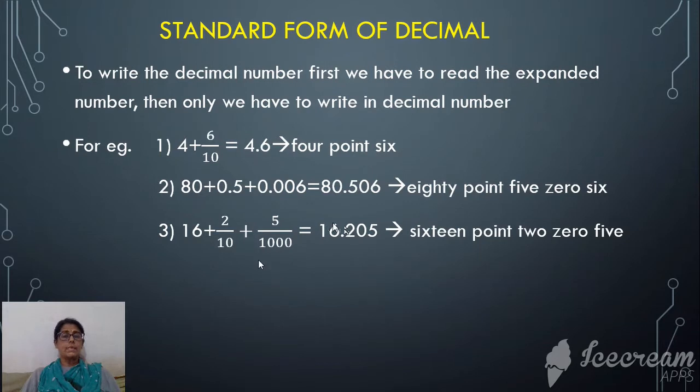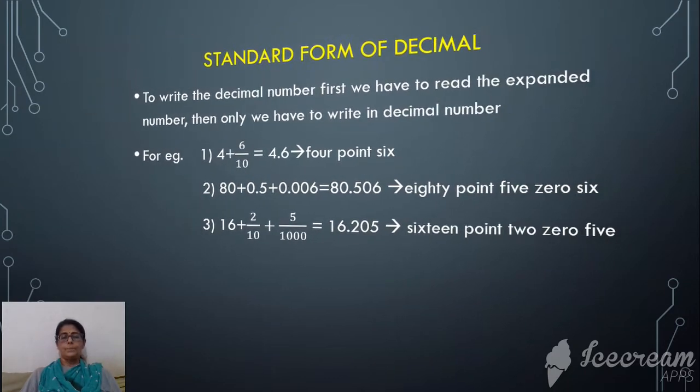Hundredths place is not given, so we place a 0. And 5 upon 1000, 5 is in the thousandths place, so we write it as the third digit. So what will we read now? 16.205. Clear, children? Okay.